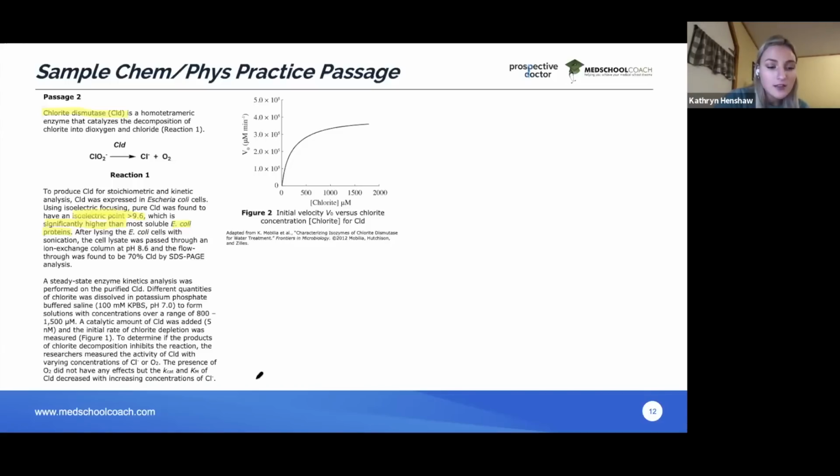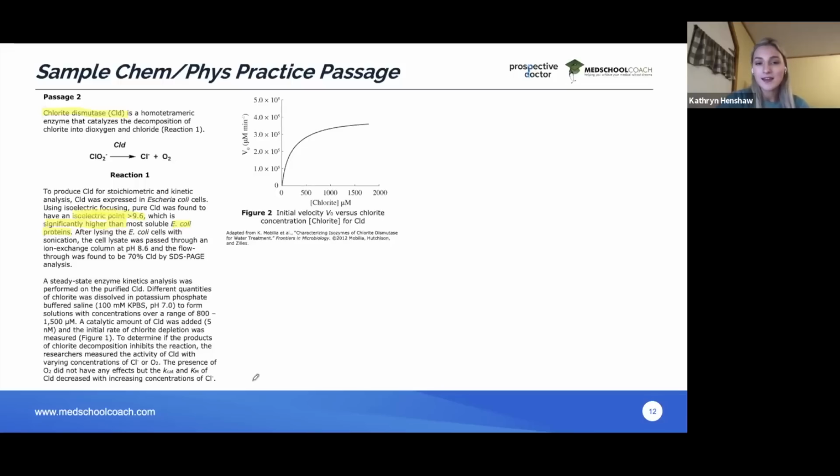The presence of oxygen did not have any effects, but the Kcat and Km of the protein decreased with increasing concentrations of chloride. Okay, so that last sentence does have a lot of information in it related to our content knowledge of enzyme kinetics. So looking at Kcat and Km, those are things that we should remember from our Michaelis-Menten kinetics.